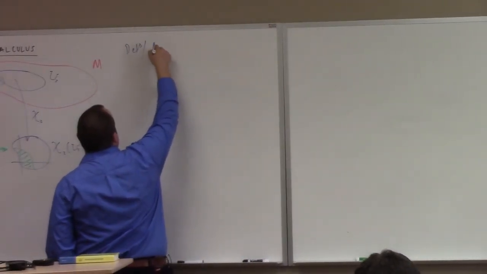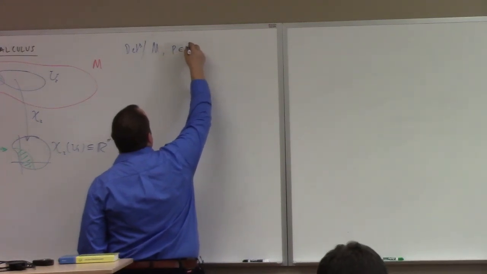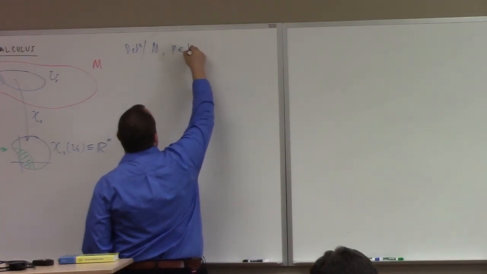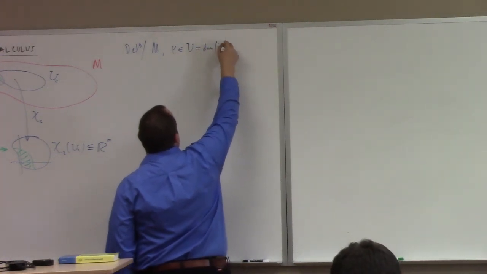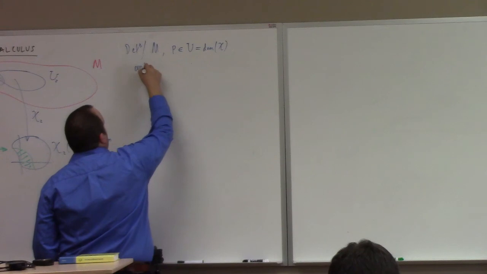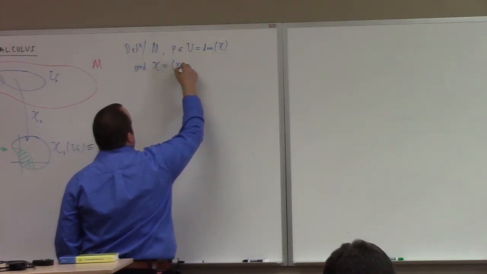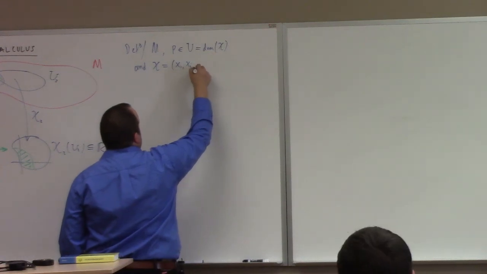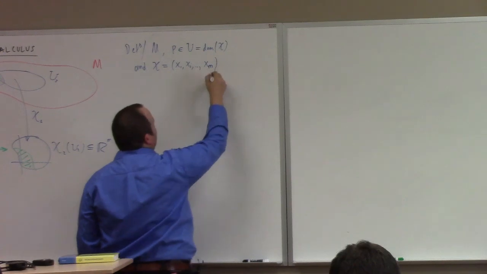Let's suppose that we have M a manifold and P an element of U, which is the domain of a map chi, and chi is actually X. It's x1, x2, up to xm, because we're on M, right?